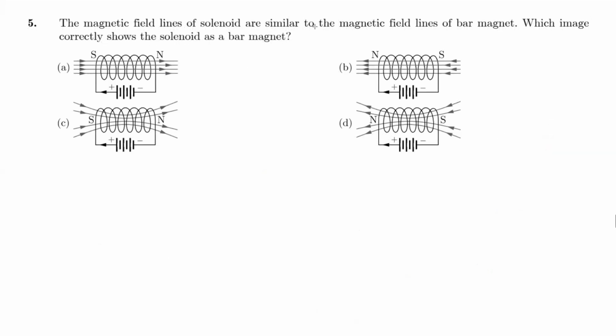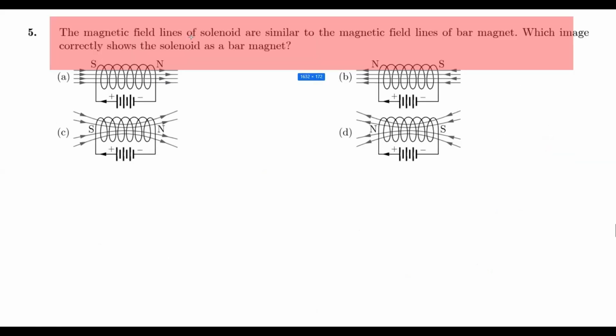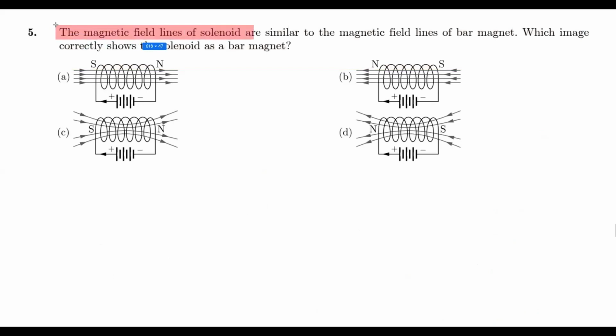The next question is based on the magnetic effect of electric current. You can see the magnetic field lines of a solenoid, similar to a bar magnet. All of you must know this is similar. Which image correctly shows the solenoid as a bar magnet? In a bar magnet, the magnetic field lines are concentric curves, right?